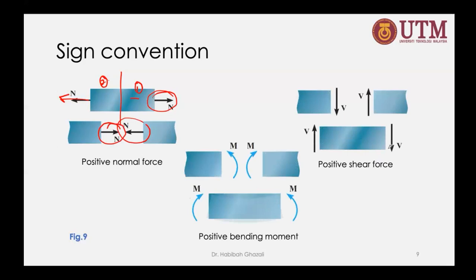Let's look at the shear first. If the material is going through shear forces, there is a force going in the y direction. The internal force is going to try to resist that one. So it wants to stay in its position, and it will resist that motion. That's why going down here is positive.